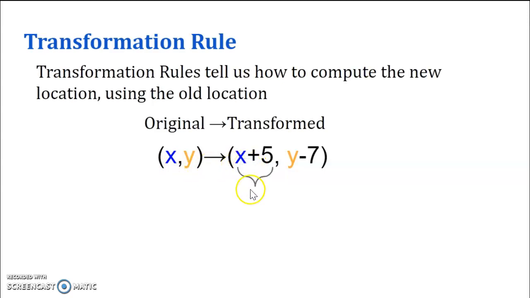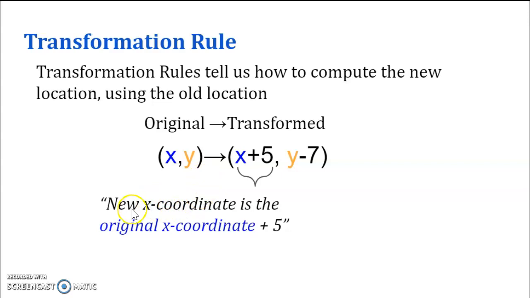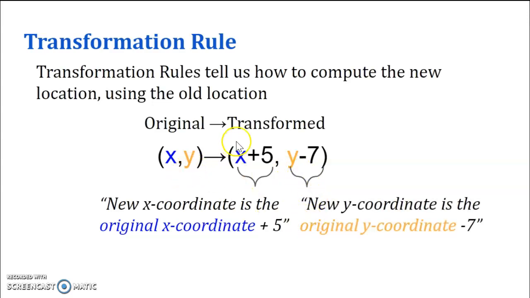X plus 5 means the new x coordinate is the original x coordinate plus 5. What about the y coordinate? The new y coordinate after the transformation is the original y coordinate minus 7. So whatever the number was, we subtracted 7 for y, and whatever the x was, we added 5 to it.